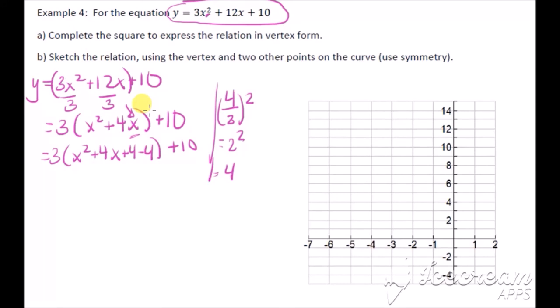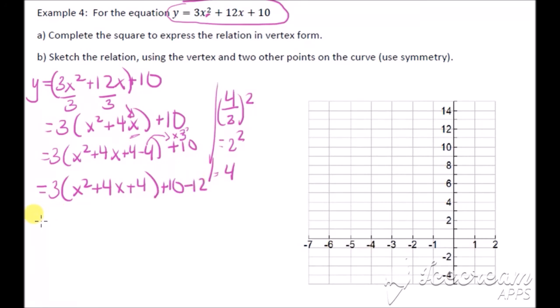And our 0 looked like a plus 4 minus 4. So now we pull out this negative 4, but we have to multiply by 3. So we get 3, and then our perfect square trinomial, x squared plus 4x plus 4. And then negative 4 times 3, negative 12.